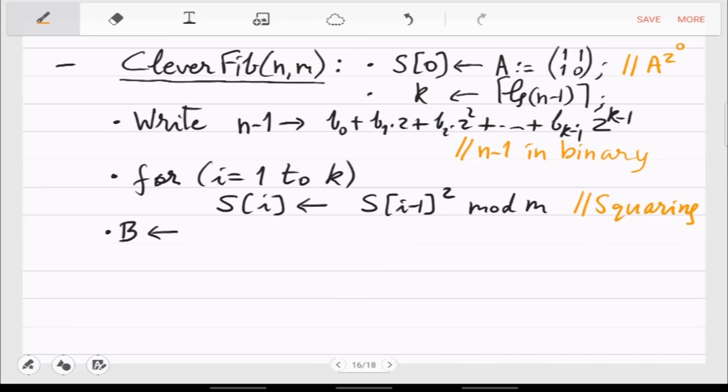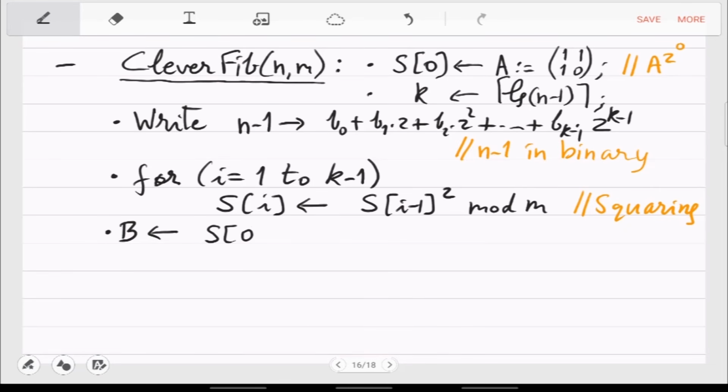Sk minus 1, k minus 1 is fine, would give you a to the 2 to the k minus 1 in the end. So the S array will be full, and it will give you the things that you need.